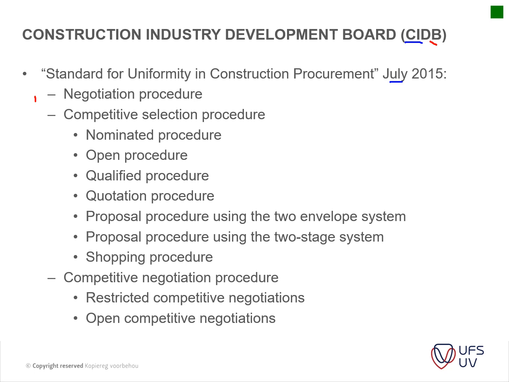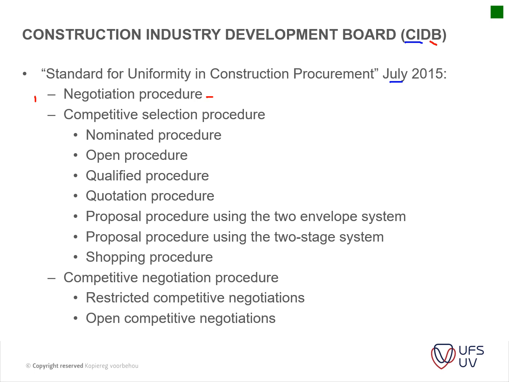The different procurement methods from the CIDB include the negotiated procedure, where you have maybe 1 or 2 contractors that you want to go into procurement with, and then you negotiate a rate or a project value between those people. That's usually also in a design and build, where it's a very specialized installation.